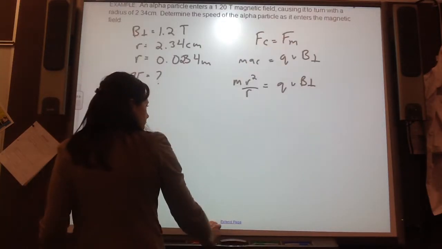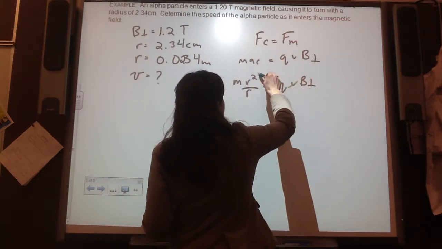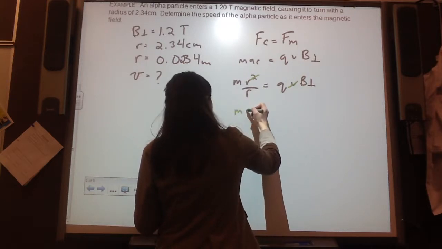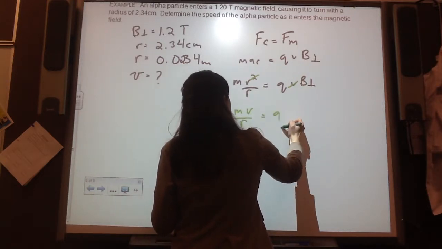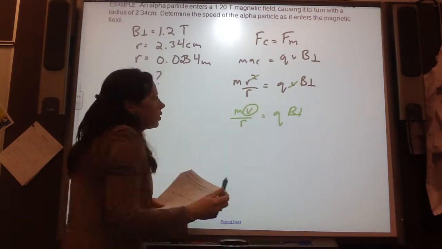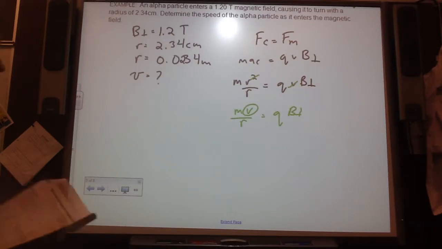Once you get the hang of it, you probably won't need to write it out every single time, but to start with, you should be practicing it. So I want to solve for V here. This is the speed as it enters the magnetic field, so it's like the V final of it coming out of the accelerator. That'll make more sense after this next example too.